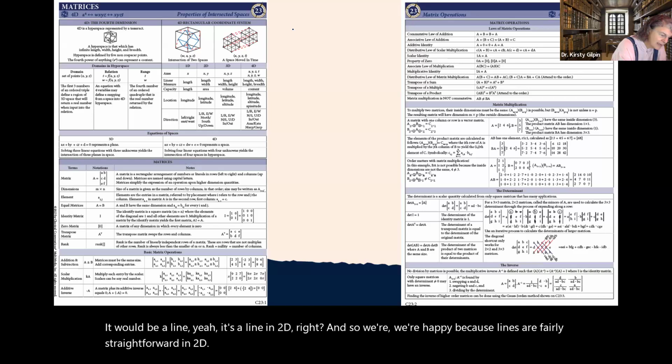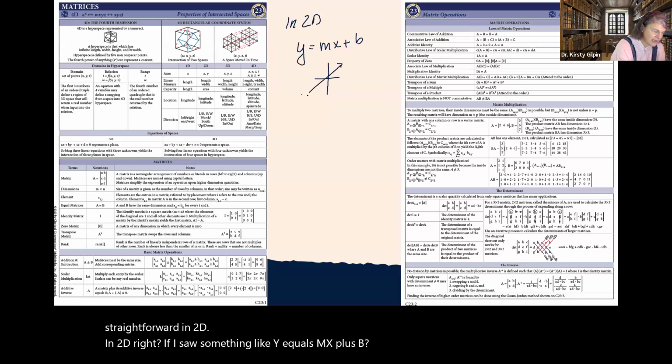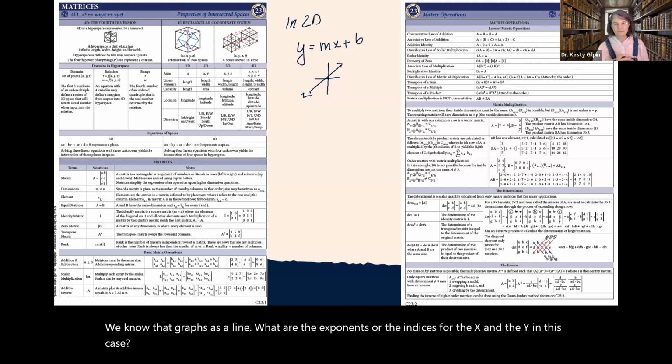So in 2D, if I saw something like y equals mx plus b, we know that that graphs as a line. What are the exponents or the indices for the x and the y in this case? One. Just one.